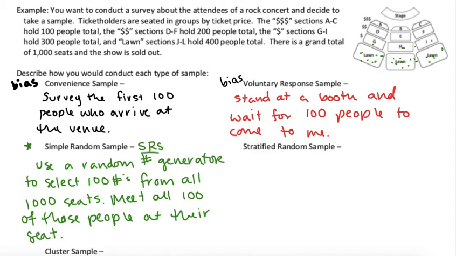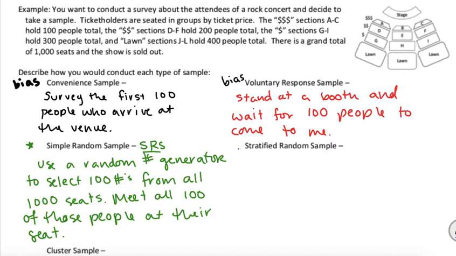So because I know there's a difference in opinion between the people who spent lots of money to see this band and the people who are back here on the lawn, I have a known difference here that I might want to consider. So what I might want to do is a stratified random sample.